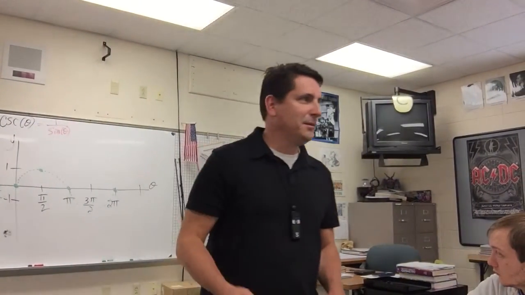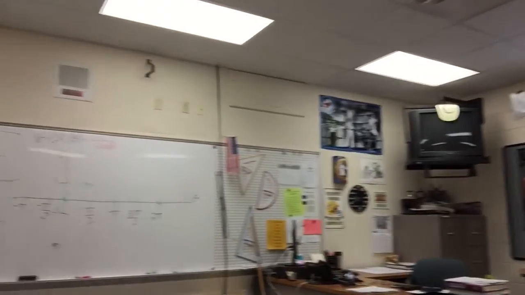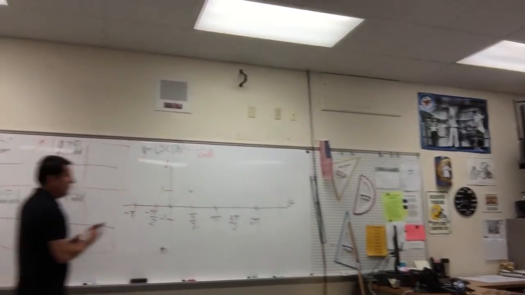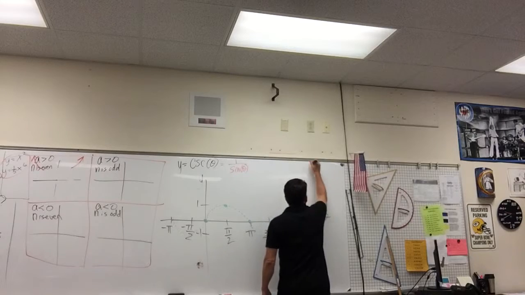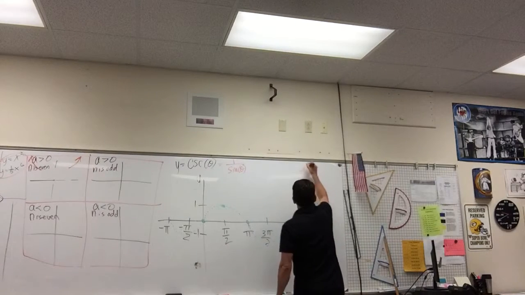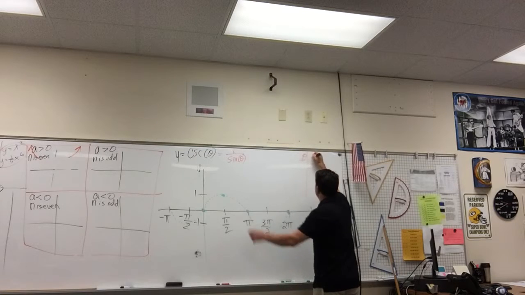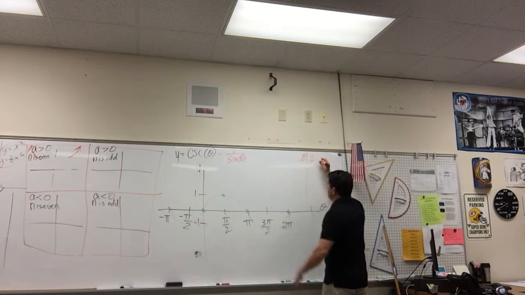You just flip it. Well, what does that mean? This means that for every single value of x, or theta, whatever it is, the new function here is going to be 1 over it.